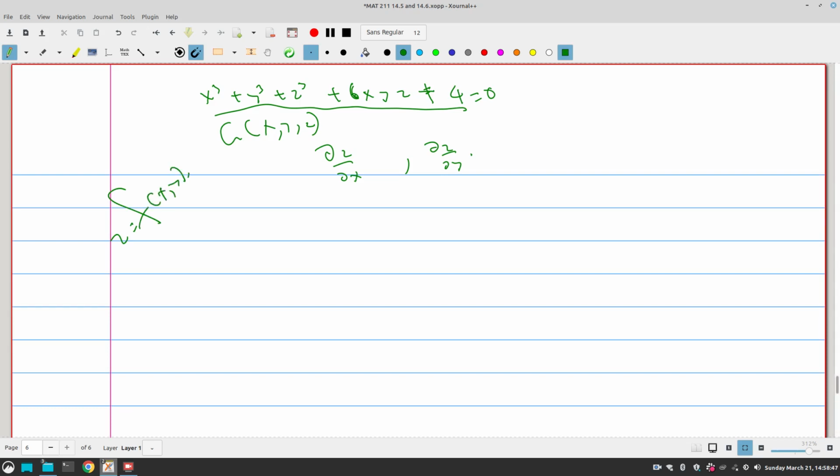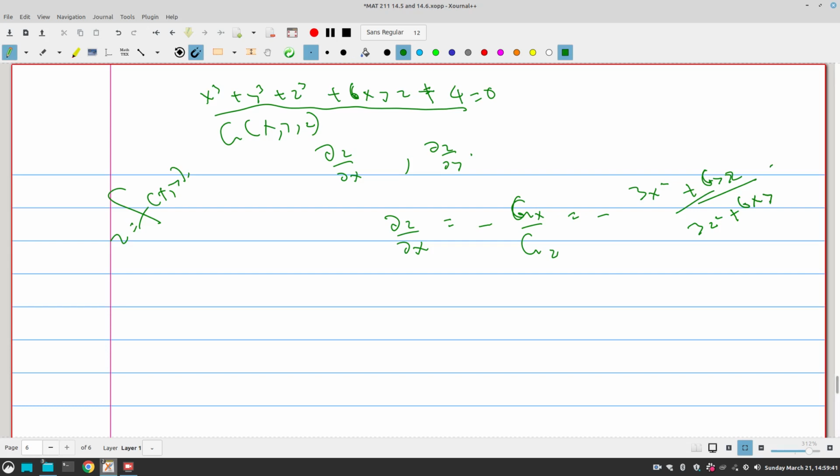Remember, partial z over partial x is negative g_x over g_z. So g_x is going to give me 3x squared plus 6yz, and g_z is going to give me 3z squared plus 6xy.